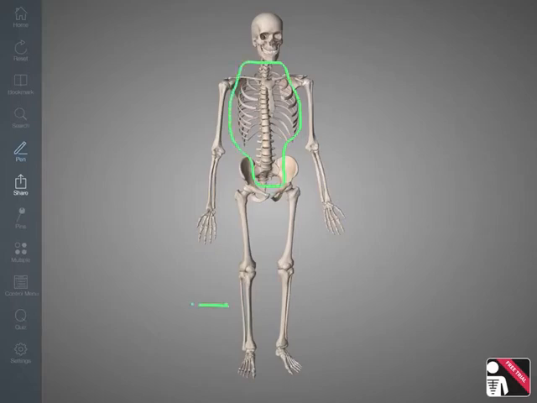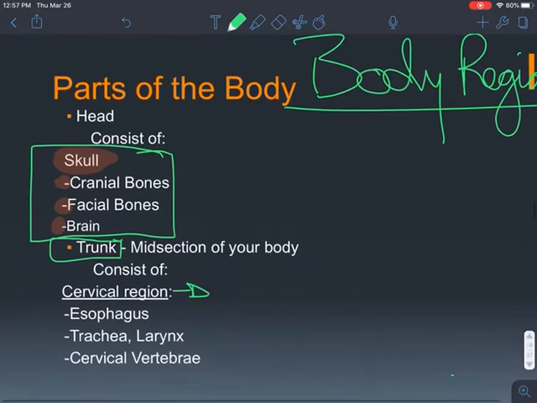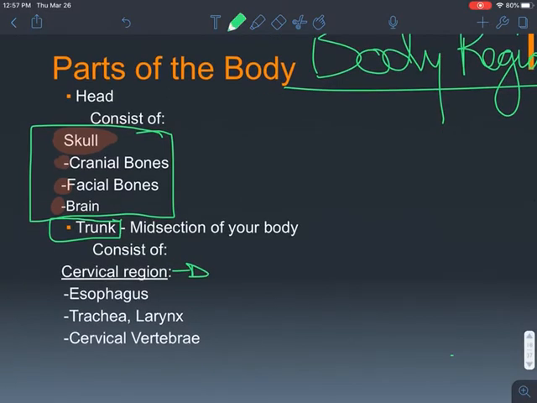And now we're going to learn the specific parts of it. So the trunk, we're going to start on the superior aspect and move our way inferiorly. So on the most superior aspect of the trunk, you have your cervical region.